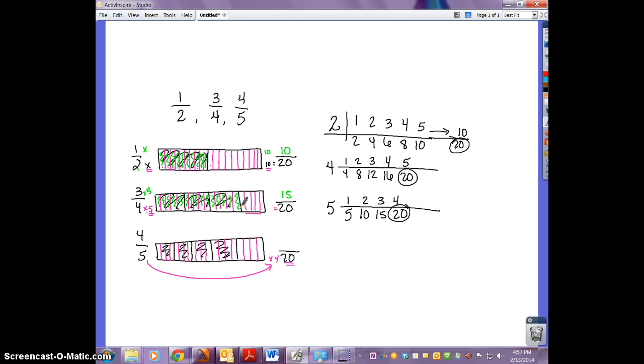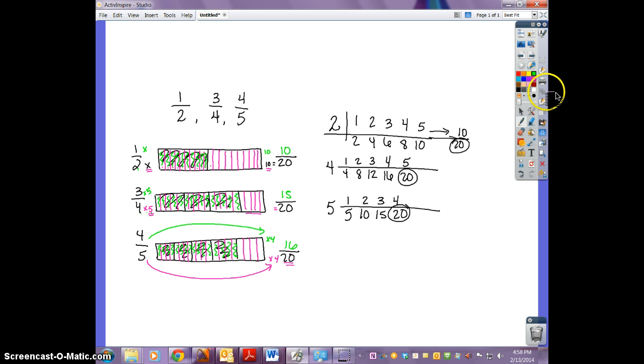Okay. And finally, what we do to the bottom here, we have to do to the top over here. 4 times 4 would be 16. 1, 2, 3, 4, 5, 6, 7, 8, 9, 10, 11, 12, 13, 14, 15, 16.